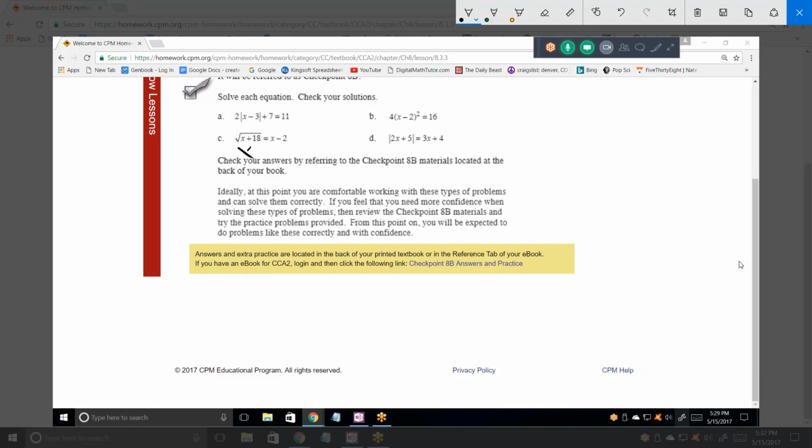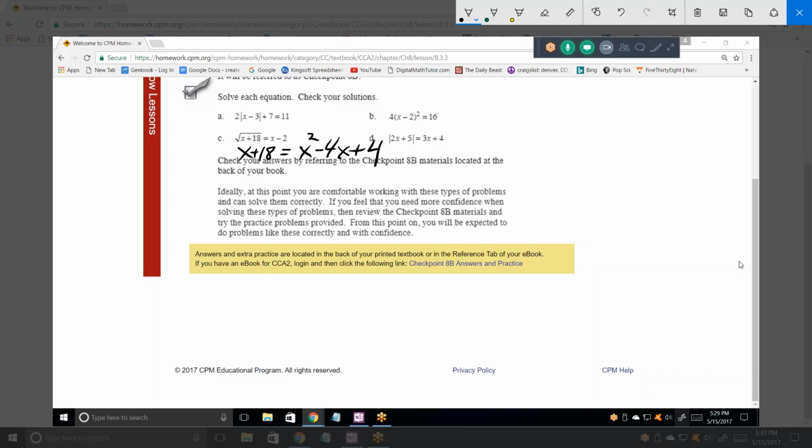What's the next line? X plus 18 equals x minus 2 squared. Go ahead, square that. Tell me what to write, because we're going to be able to simplify a lot of this. X squared minus 4x plus 4.